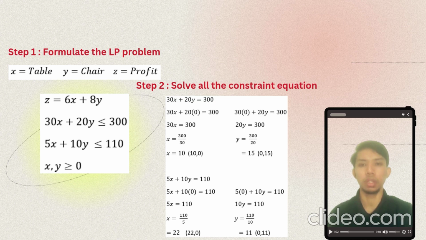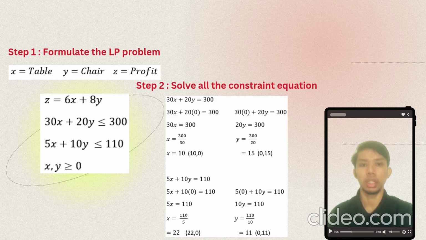To graph these constraints, we first convert each inequality into an equation and solve for the intercepts. Starting with the wood constraint equation, 30x plus 20y equals 300. We find the x-intercept by setting y equal to 0.